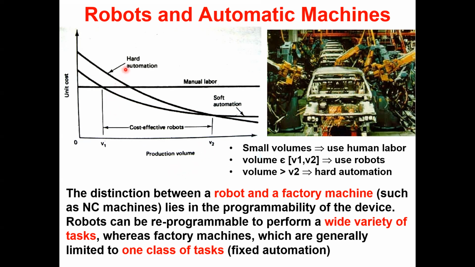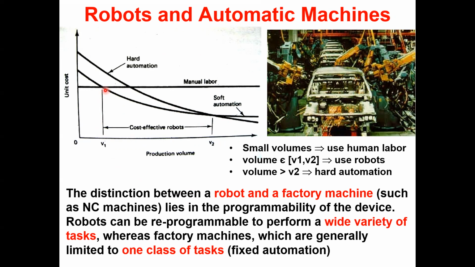But the hard automation is much more expensive than having robots because the machine is very expensive, but it quickly drops the unit cost, and at some point it will cross over with the unit cost if you have the robots. So when you read this one, you can see 2 points of intersection, actually 3 points of intersection there.